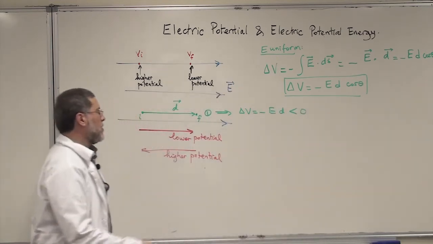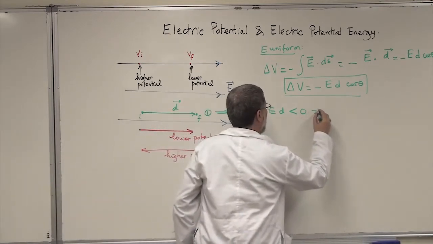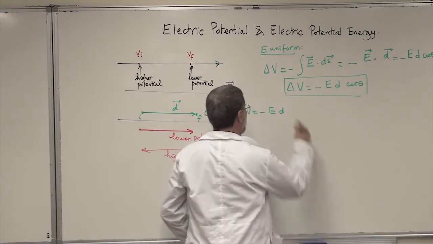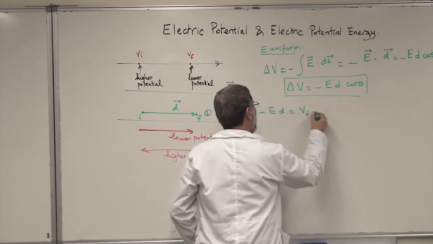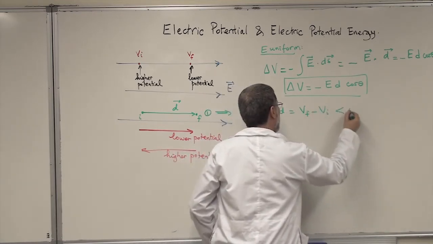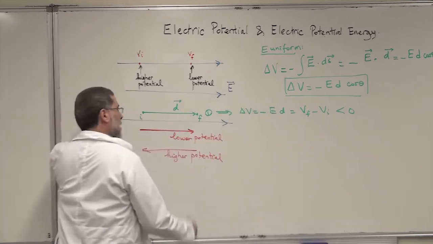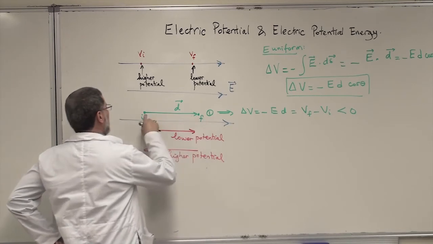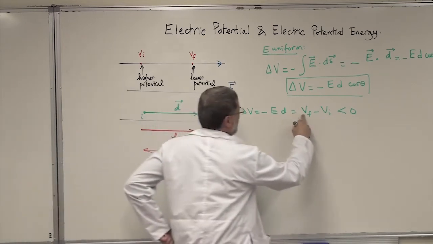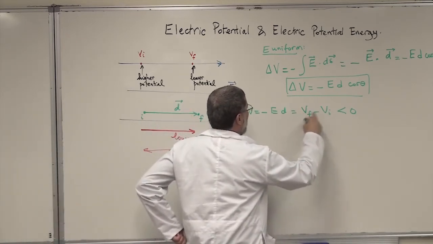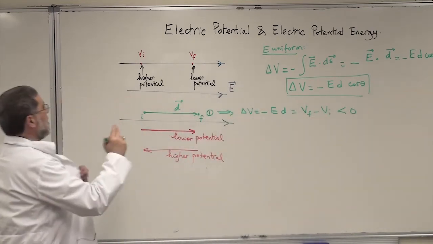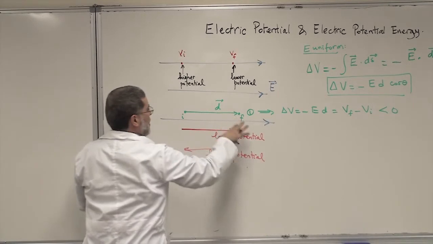And you were expecting this, because this is VF minus VI, and this is negative. It means that the electric potential at this point is less than the electric potential at this point. This is 50 and this is 100. So 50 minus 100 will give you a negative number. You have to understand this point. This is clear. We said it many times.